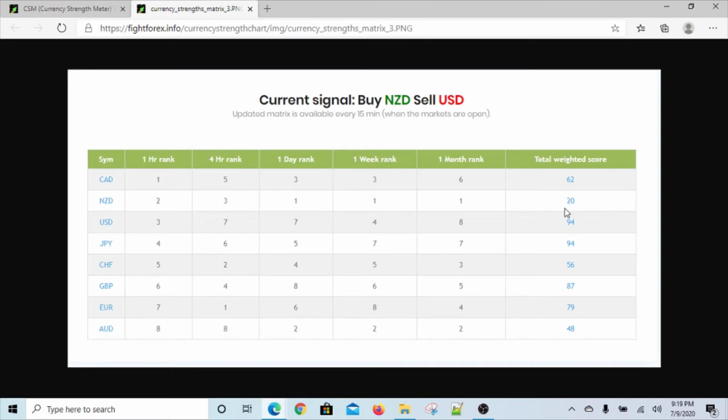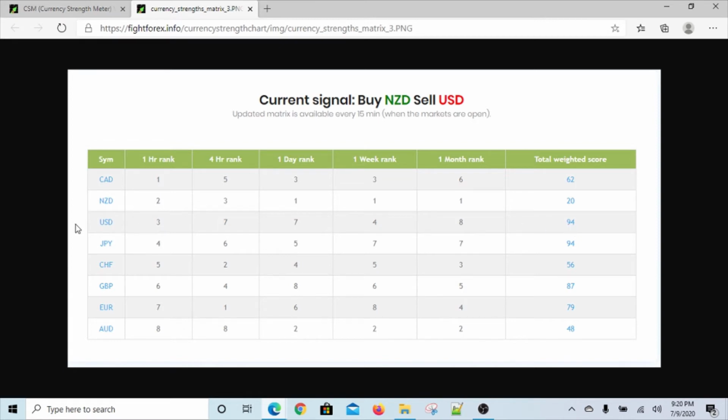When the total is the least, you basically have an indication that this is the currency that has been showing overall good strength in terms of moving up. That's why its rank is low, or the lowest, means it's the most positive one. And the currency that has the highest score is essentially the one that is showing strength in terms of moving down, or in a negative direction.